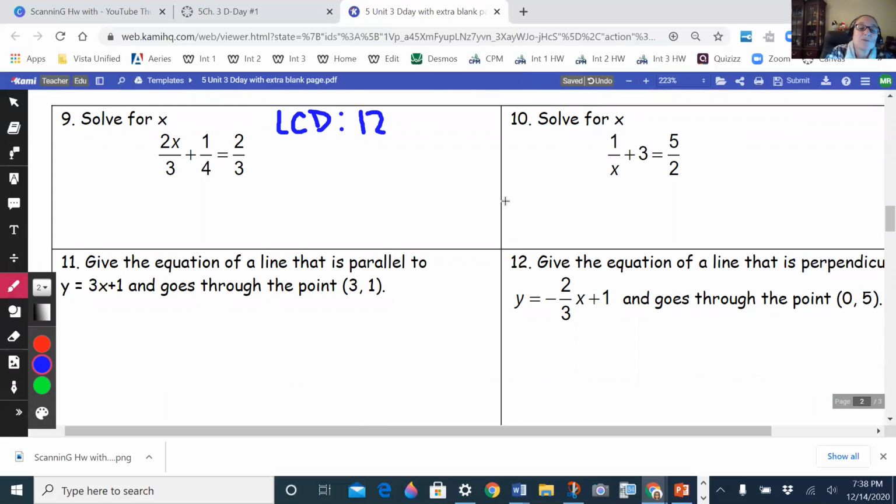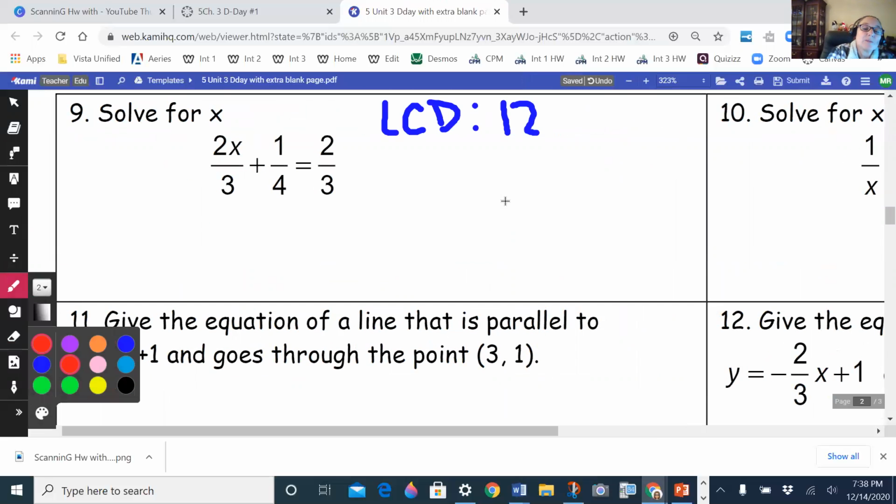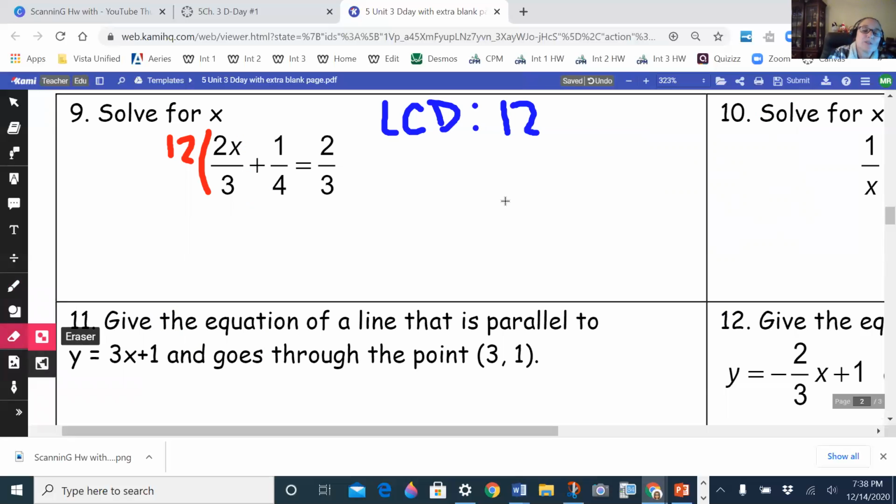I'm going to multiply everything by 12. So let me do that. I'm going to go 12 times this. I'm going to times this by 12 here. I'm going to multiply this by 12, and I'm going to multiply this by 12.